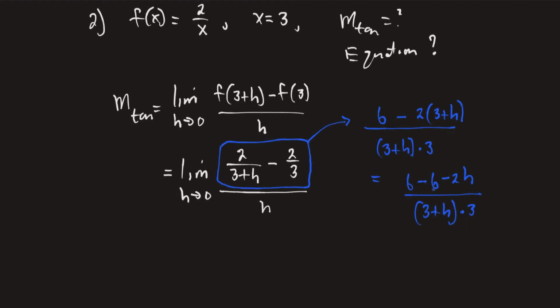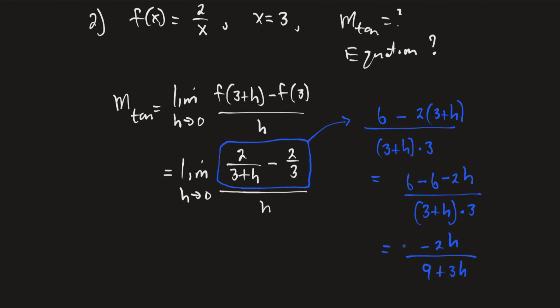Those terms cancel out, so we're left with a negative 2h in the numerator, and then at the bottom here, if you really wanted to, you could go ahead and distribute the 3. It's not vital, but if you do, it looks like this, 9 plus 3h.